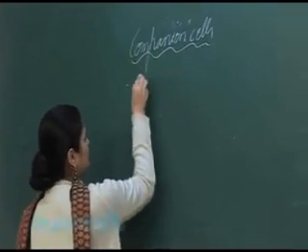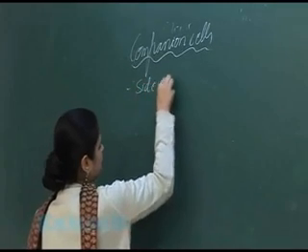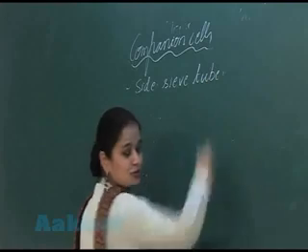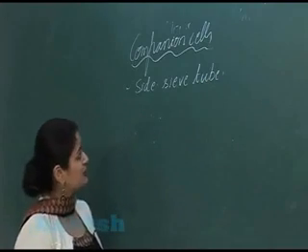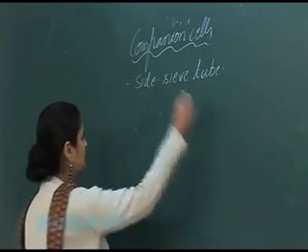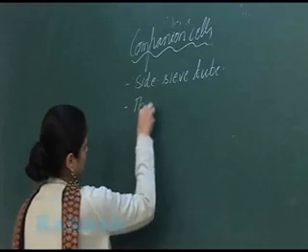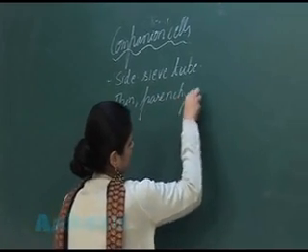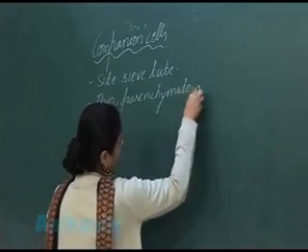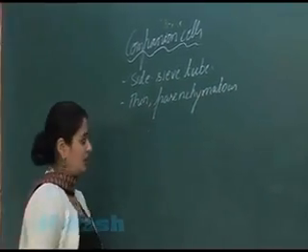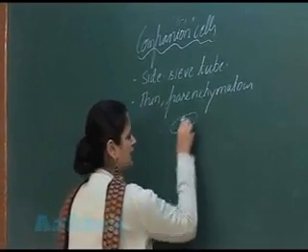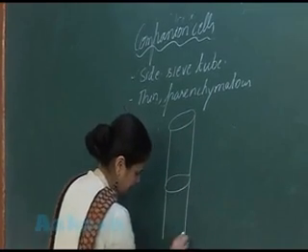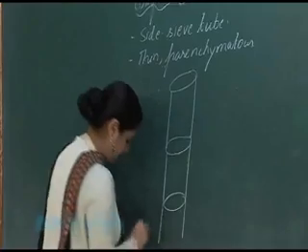On the side of the sieve tube, to control its activity, there is presence of companion cells. They are thin parenchymatous cells. So let's say this is our sieve tube.